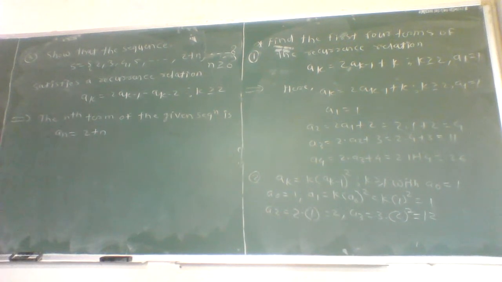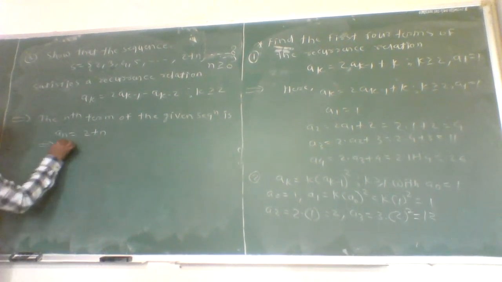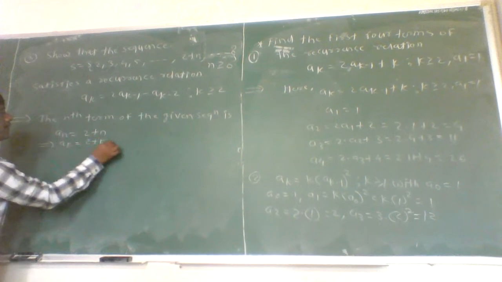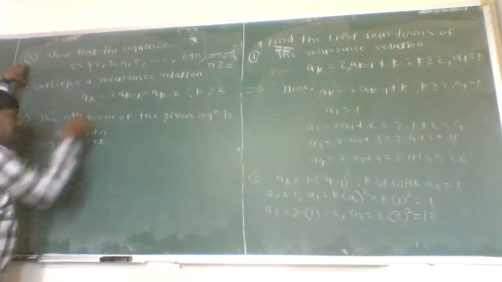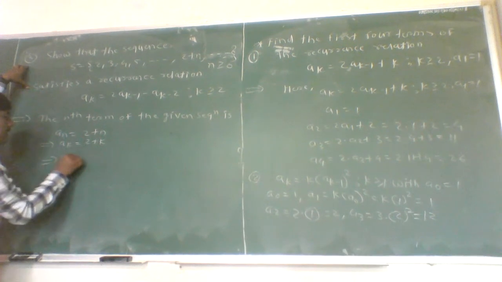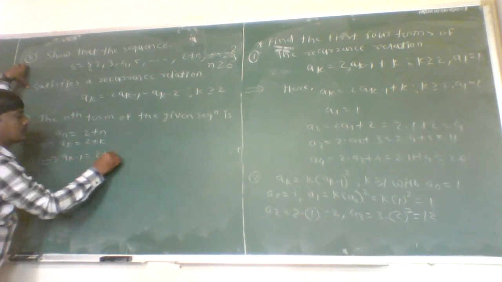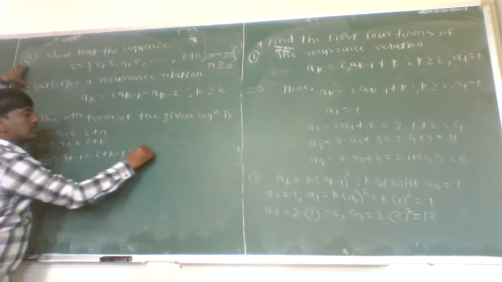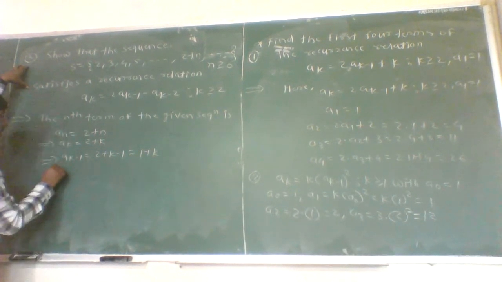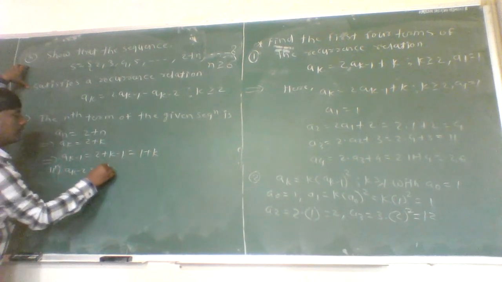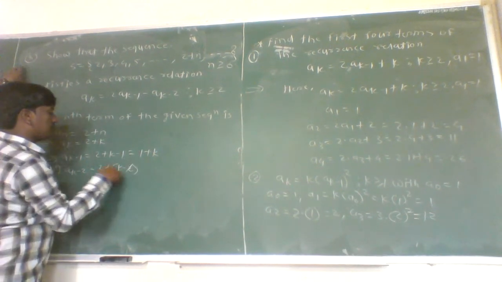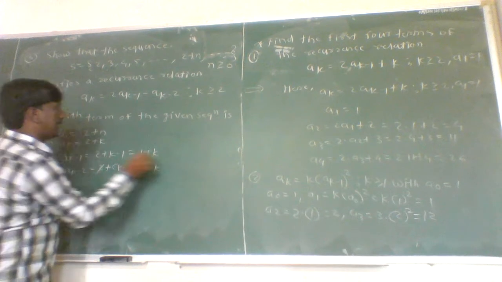From this, ak is nothing but 2 plus k. Then ak minus 1 is equal to 2 plus k minus 1, which is nothing but 1 plus k. Similarly, ak minus 2 is nothing but 2 plus k minus 2, where the 2 minus 2 gets cancelled, which is nothing but k.